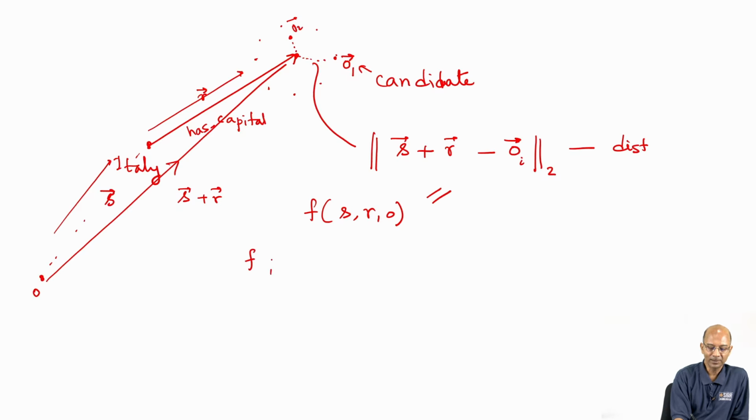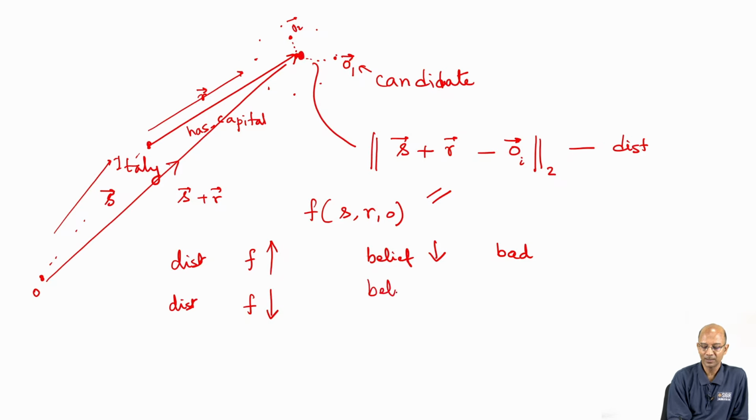So if f is large, then our belief is small. And so it's a bad fact or an unpromising fact. In this case, it's the opposite of what we are discussing. If the distance is small, that means the object is very close to the point where we want it to be, and my belief is high, and it's a good triple.